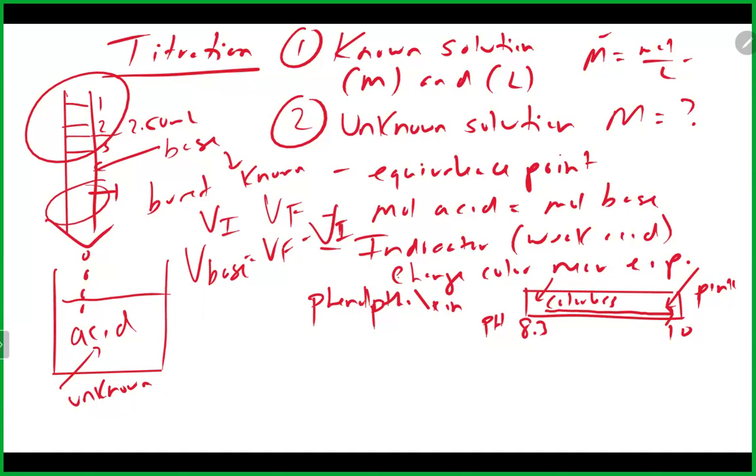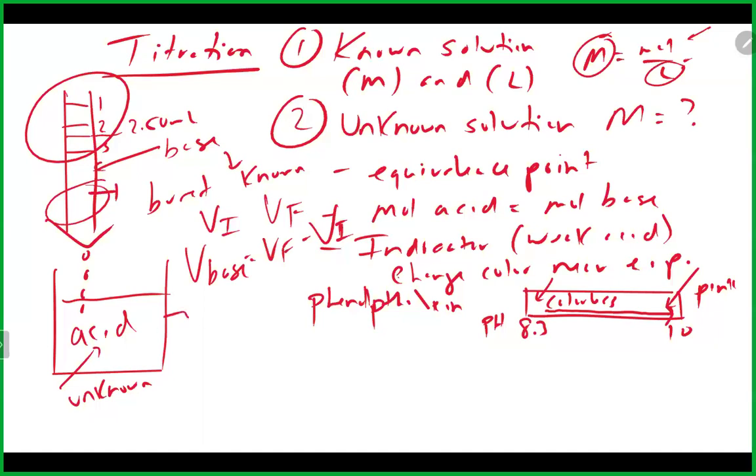You also know its molarity. So you'll know the volume you used and the molarity, and you will then be able to figure out the moles of your known solution, in this case maybe the base. You can then use stoichiometry to figure out how many moles of base to moles of acid, and now you'll have the moles of the acid.